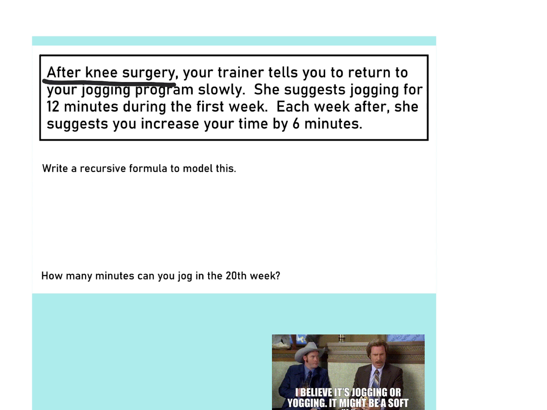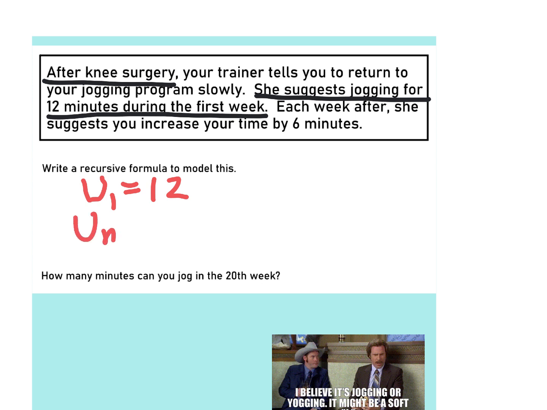After knee surgery, your trainer tells you to return to your jogging program slowly. She suggests jogging for 12 minutes during the first week. Ooh, was there a week 0? I don't think so. There was week 1. 12 minutes.